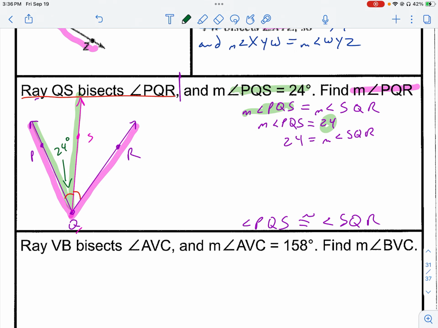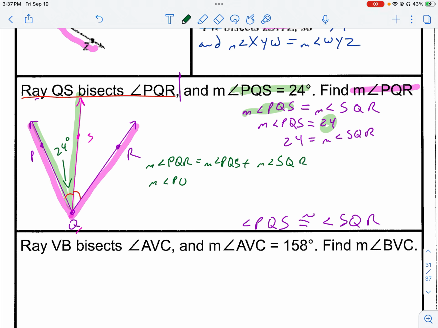And then go back to my angle addition postulate. I have to find the measure of angle PQR. So the measure of angle PQR equals the measure of angle PQS plus, need a little bit more room, move this down, the measure of angle SQR.